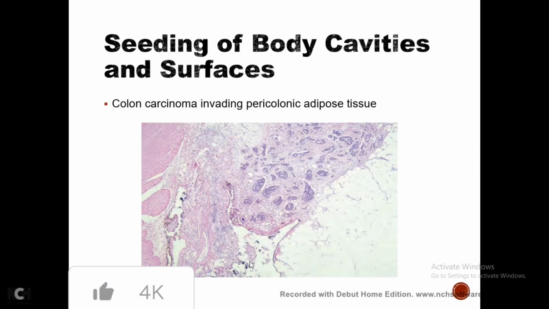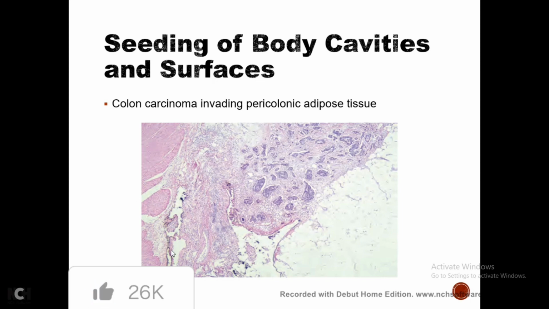Coming to the seeding of body cavities and surfaces, colon carcinoma invading pericolonic adipose tissue. This is one of the examples in this picture. As you can see, the seeding of body cavities can occur, this is a body cavity. You can see lots of fatty tissue over here, and these are the tumor cells which are actually invading the surrounding tissue outside this colonic wall.